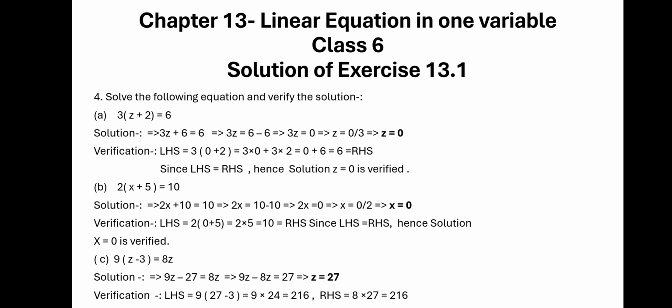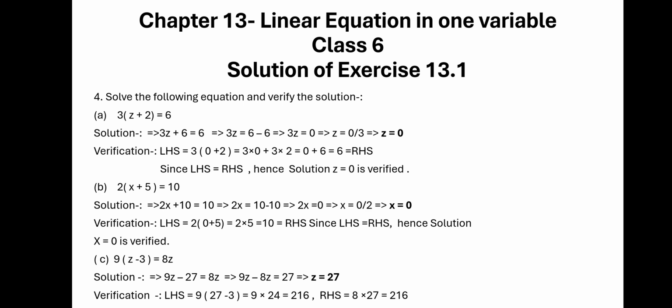Now see C question. 9 into bracket Z minus 3 equal to 8Z. The solution of this equation is 9Z minus 27 equal to 8Z, and implies 9Z minus 8Z equal to 27. So 9Z minus 8Z is nothing but Z, 1Z, that is Z equal to 27. That is the solution.